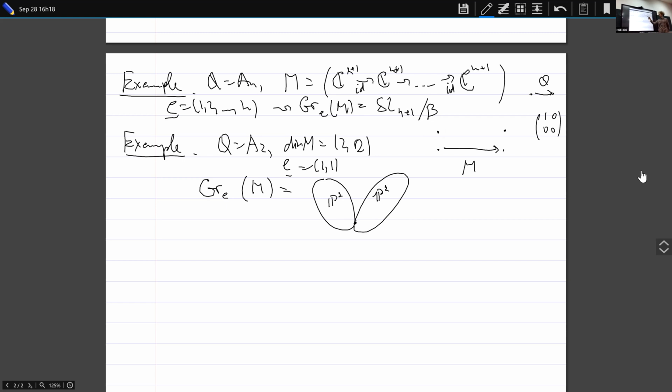But if your vector space here is not this one, but something else, then this component is fixed, and this is another P1, because here you can choose whatever you want. And they intersect at the point where you choose this one-dimensional space and this one-dimensional space. So actually this is this one.